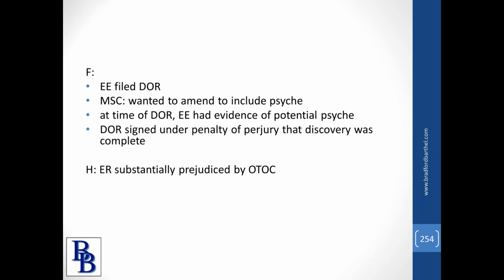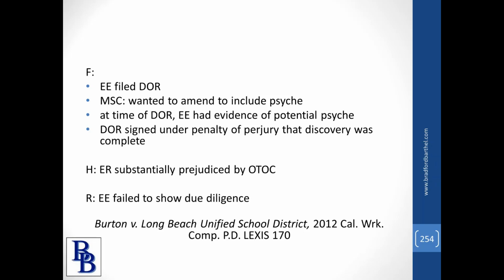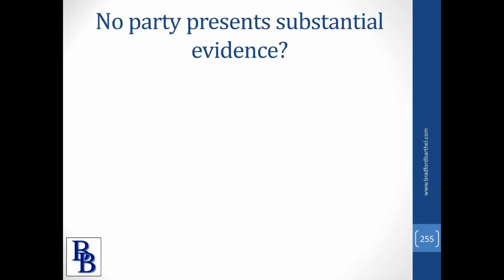It was held that the employer was substantially prejudiced by the judge's order to take off calendar, plainly because the applicant failed to show due diligence. And due diligence is a term of art that is sort of like reasonable. It's a full employment act for attorneys because we're always arguing exactly what reasonable and what due diligence really means.